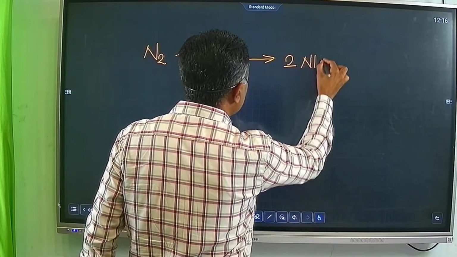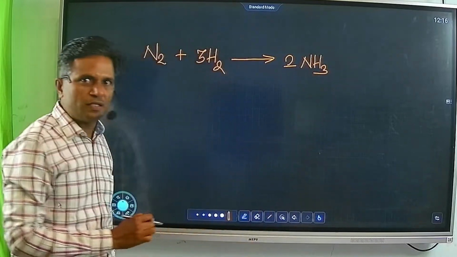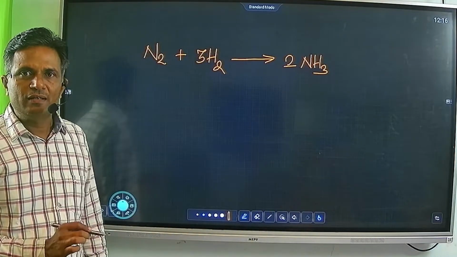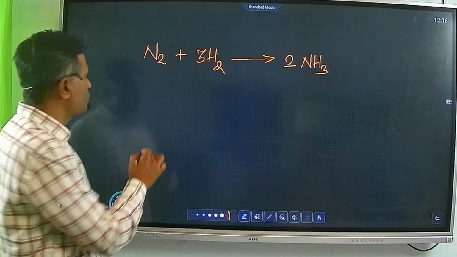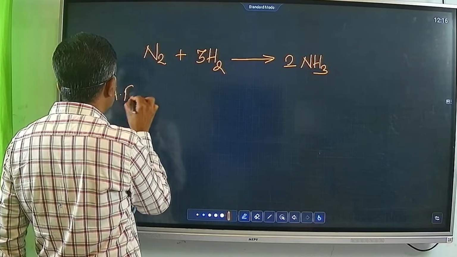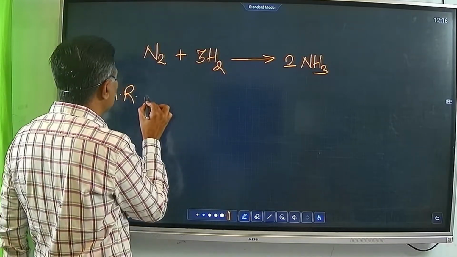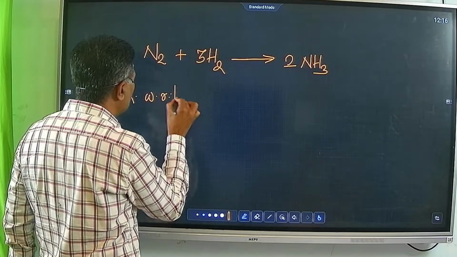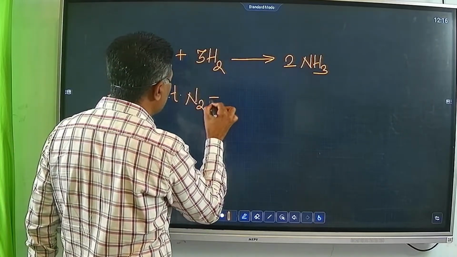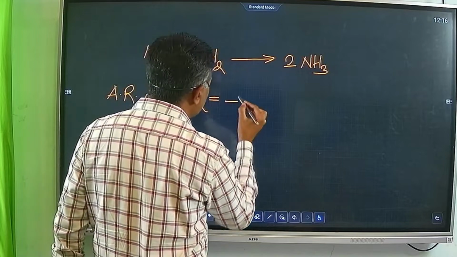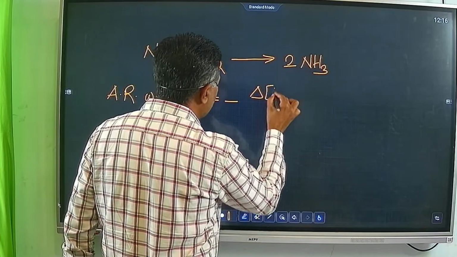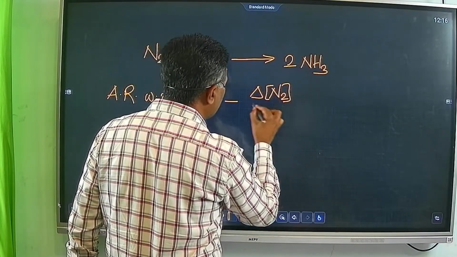So this is the chemical reaction, and for this reaction suppose you have to write the average rate expression. So average rate, AR means average rate, with respect to N2 becomes minus delta N2 upon delta T.